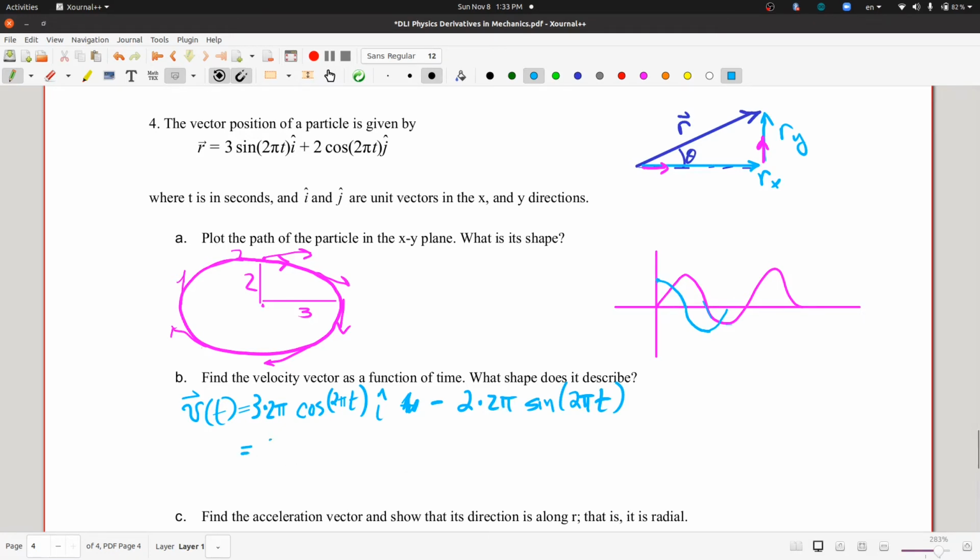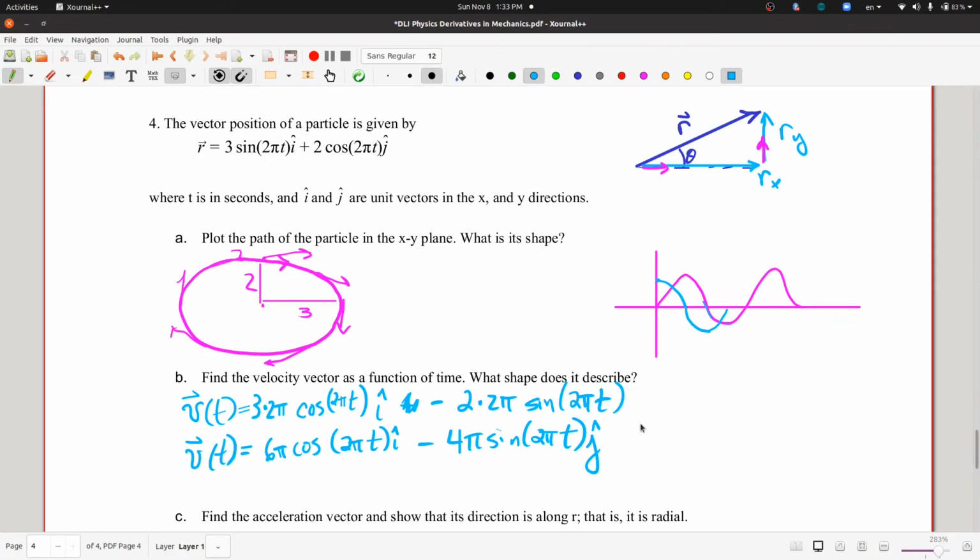Simplifying that, I see that this is 6 pi cosine of 2 pi t in the x direction minus 4 pi, 2 times 2 is 4, sine of 2 pi t in the y direction, that second term, so j hat. That is our v of t function.